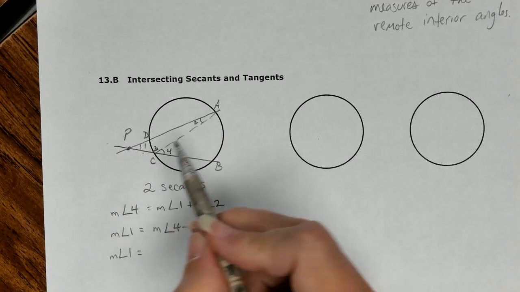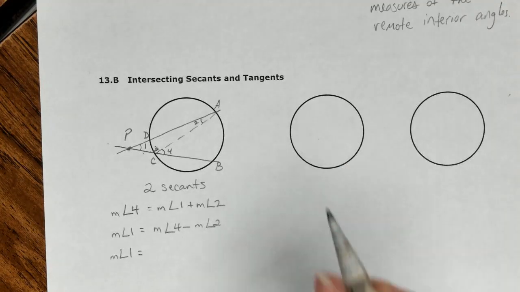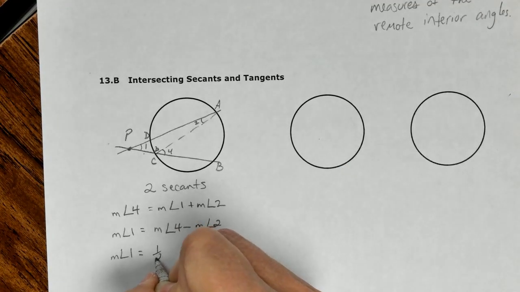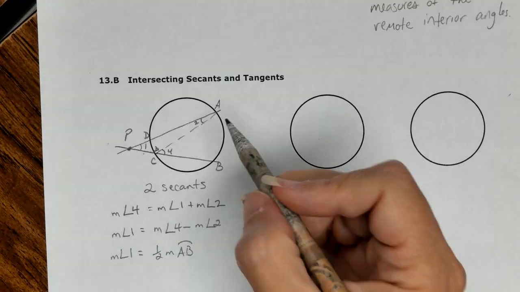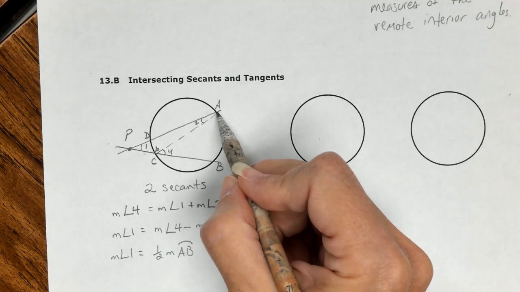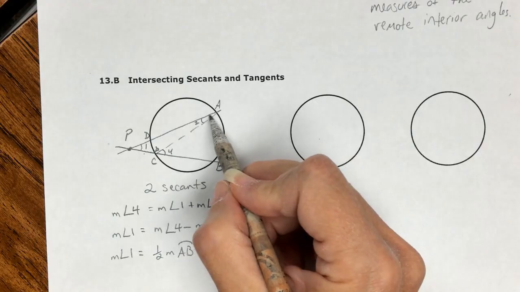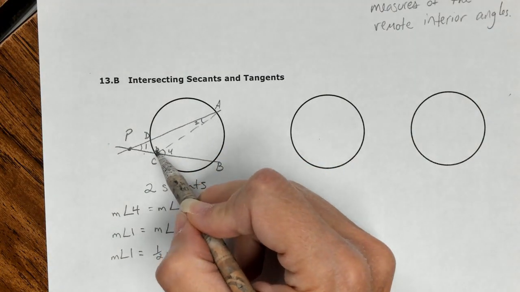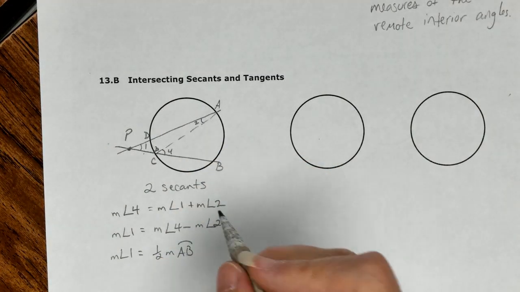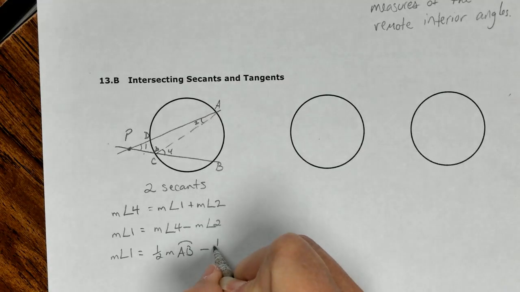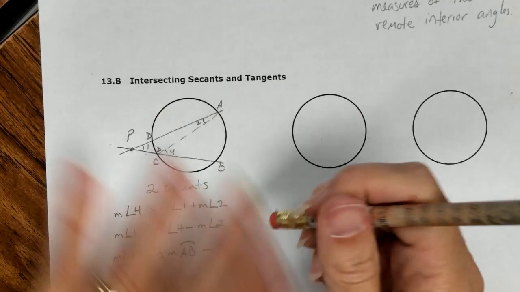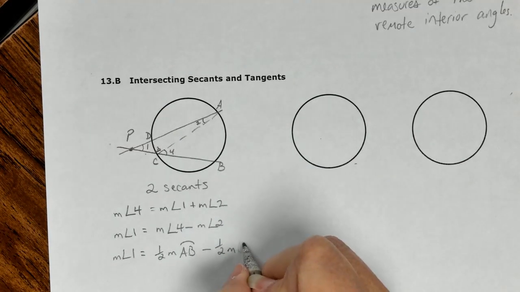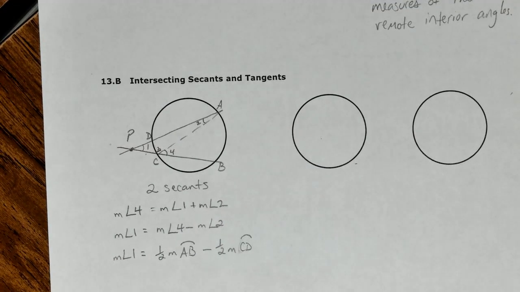Angle 4 is again an inscribed angle, so it's half the measure of arc AB. And angle 2 over here, another inscribed angle, is half of arc CD. Okay, CD.